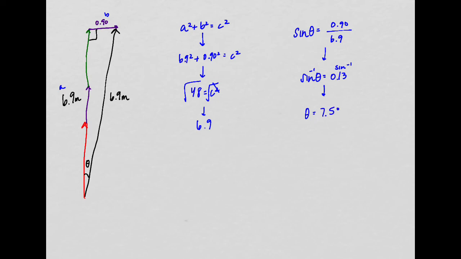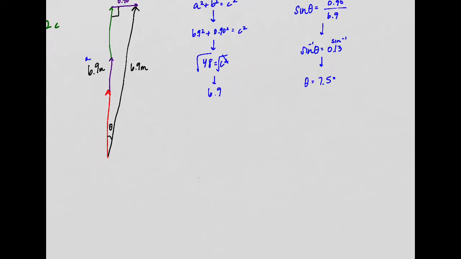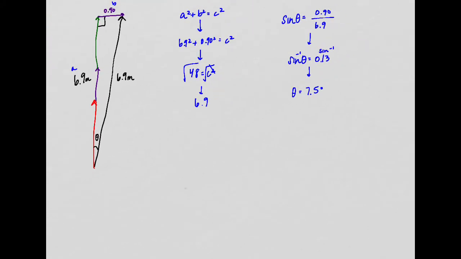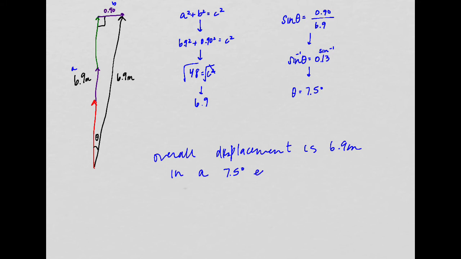All right, so a correct answer would be that the overall displacement is 6.9 meters in a 7.5 degree, what would that be, east of north direction.